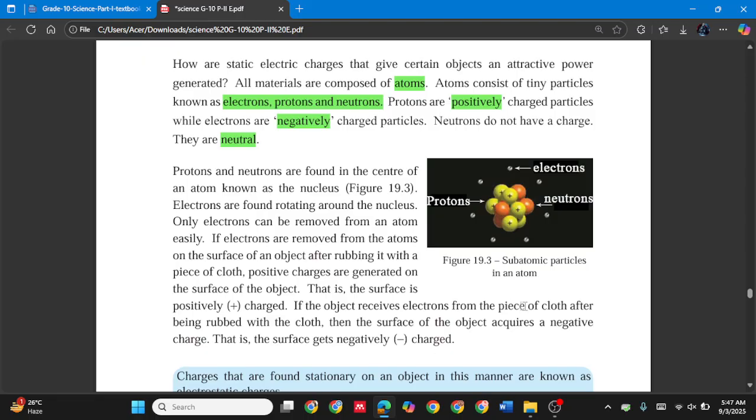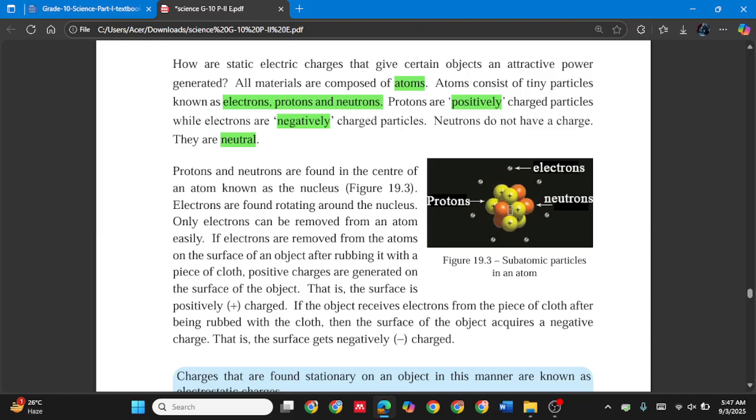See, the protons are shown by that yellow color because it contains the positive charge mark, and the neutron does not have any kind of mark, so they are neutral ones. Protons positive and neutron neutral.